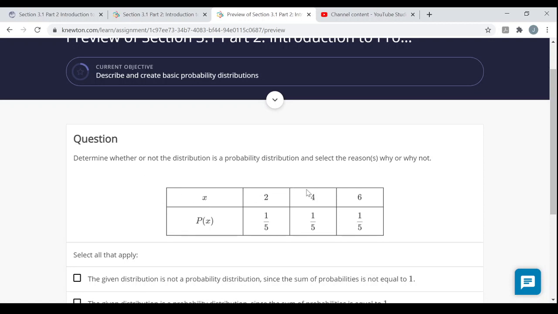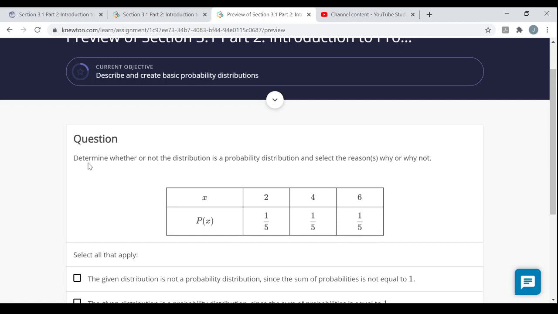So here are the possible outcomes. The possible values of X are 2, 4, and 6, and they're stating the probability of X being 2 is 1/5. The probability of X being 4 is also 1/5, and the probability of X being 6 is also 1/5.